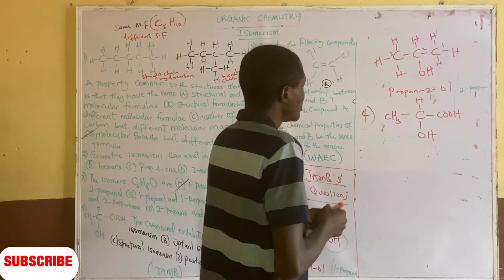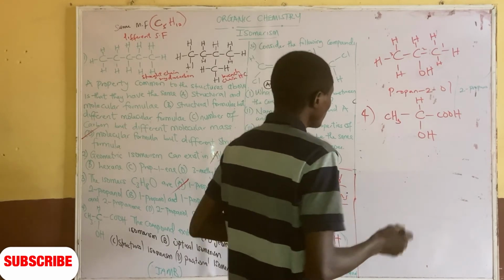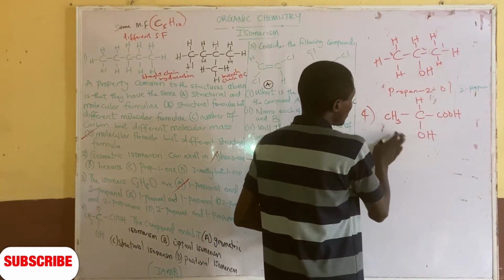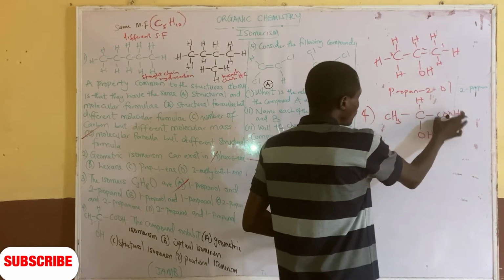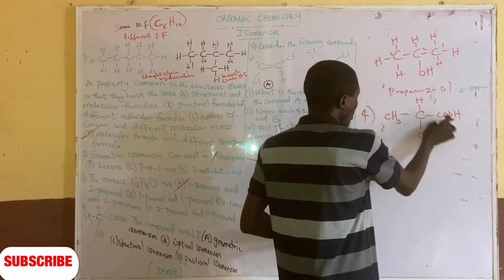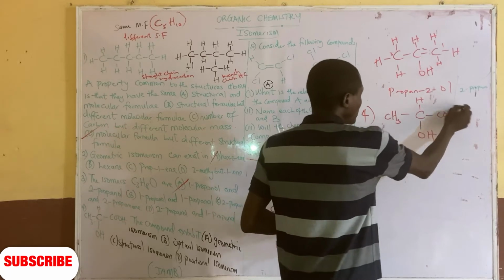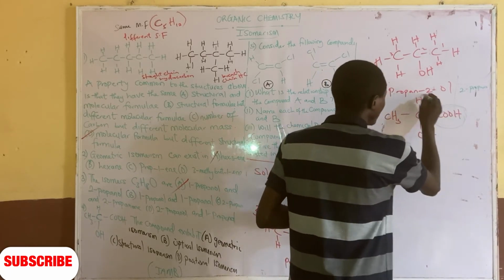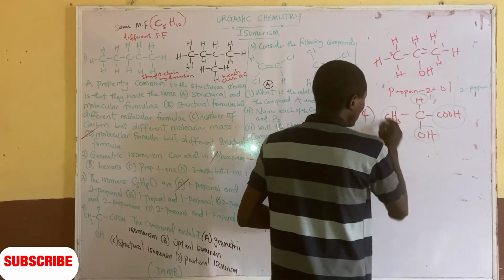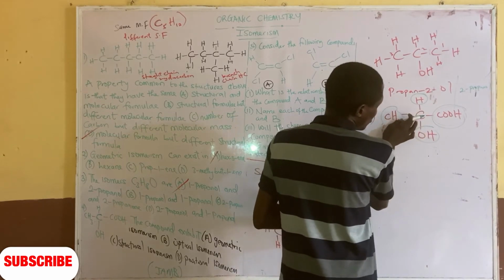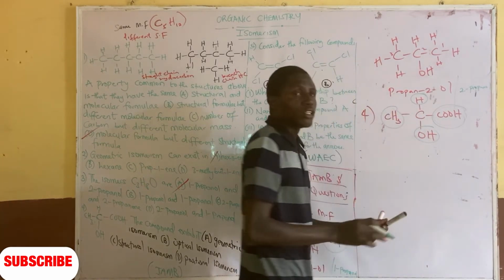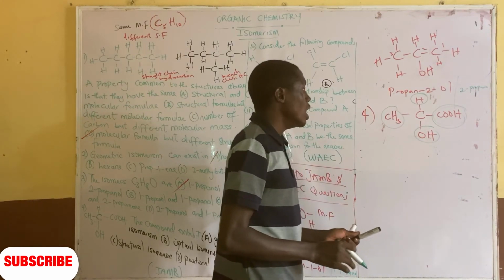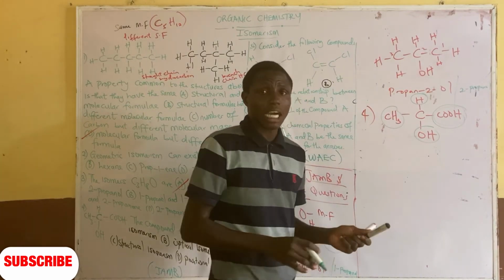Now, if you look at this structure very well, this carbon is connected to four different atoms, 1, 2, 3, 4. Such isomerism is called optical isomerism.